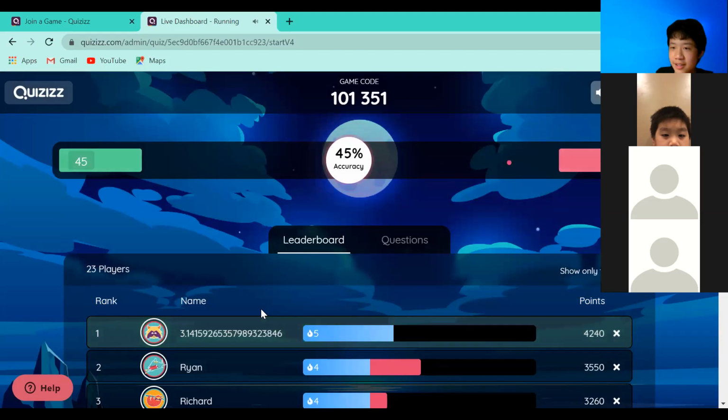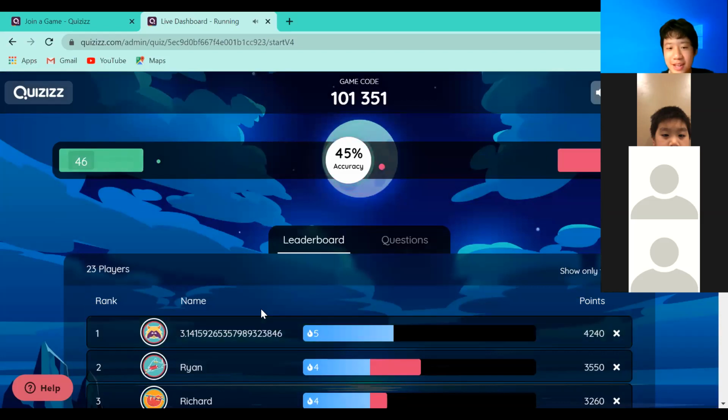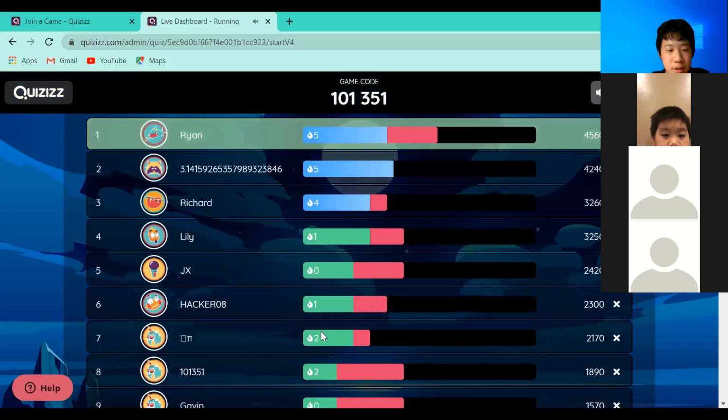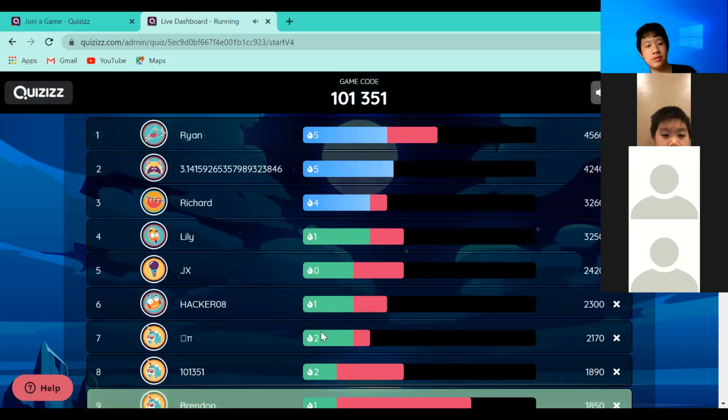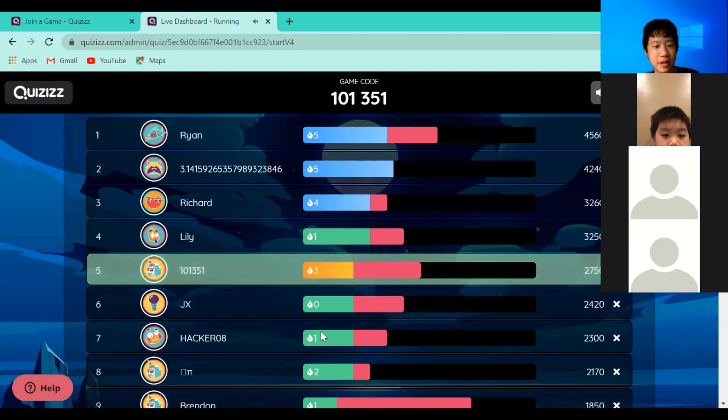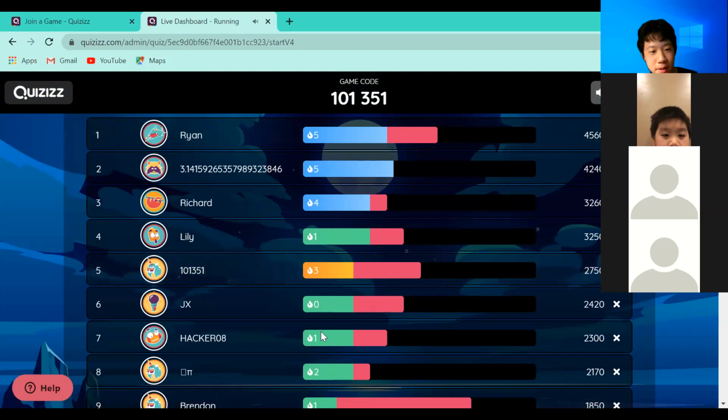Pi has 5 correct answers without any incorrect. Top 3 right now are Ryan, Pi, and Richard. 4th place is Lily. 5th place, Game Code.